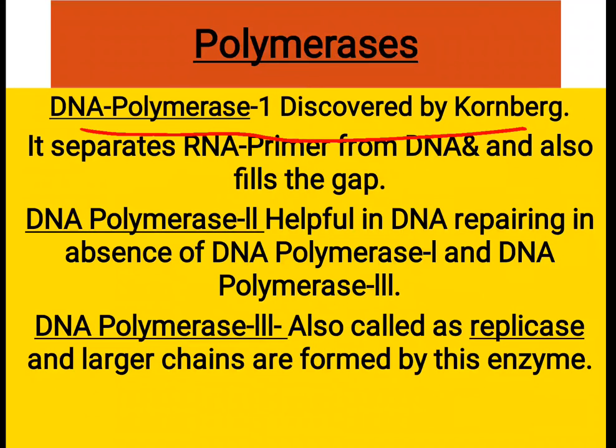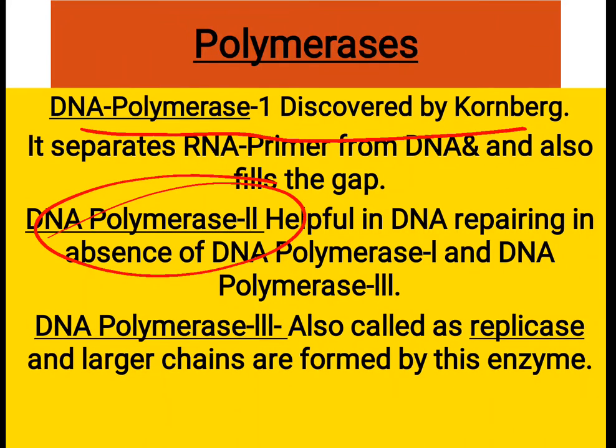This was discovered by Kornberg in the year 1957, so it's also called Kornberg's enzyme. It separates the RNA primer from DNA and also fills the gaps. It is also known as the DNA repair enzyme. Second one is the DNA polymerase 2.